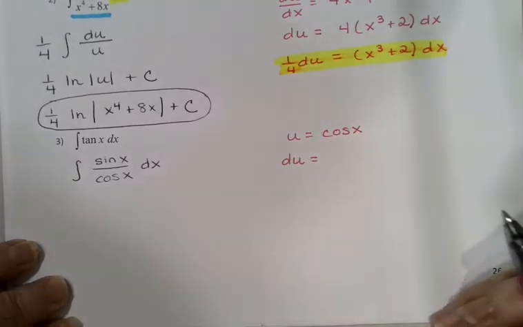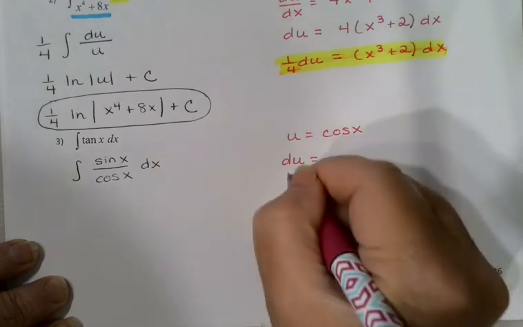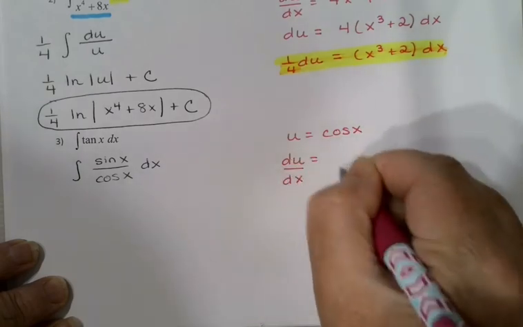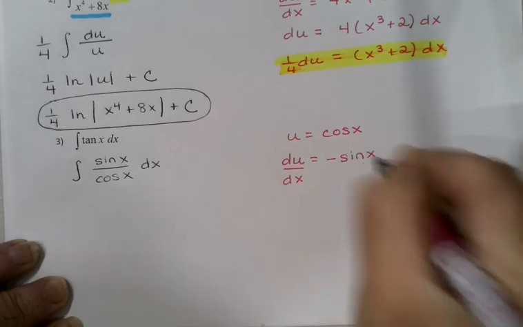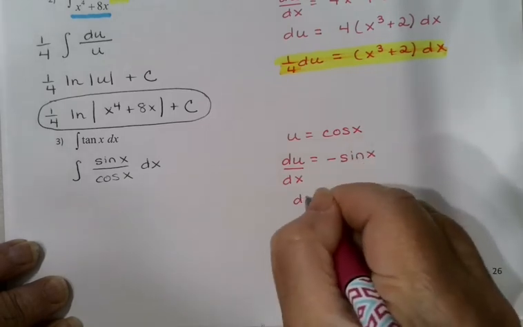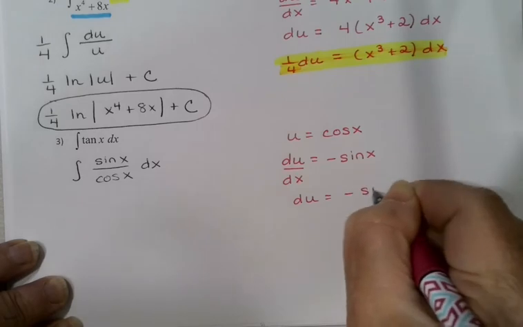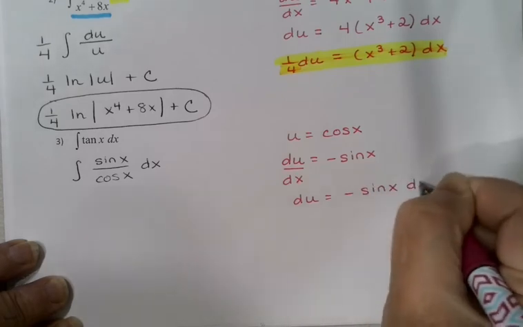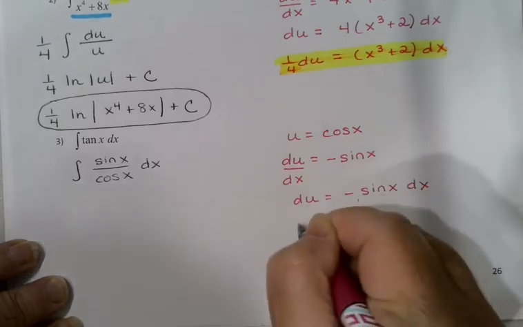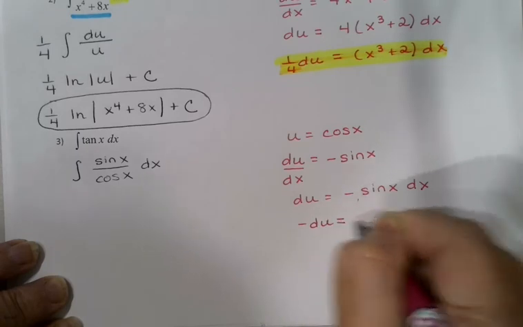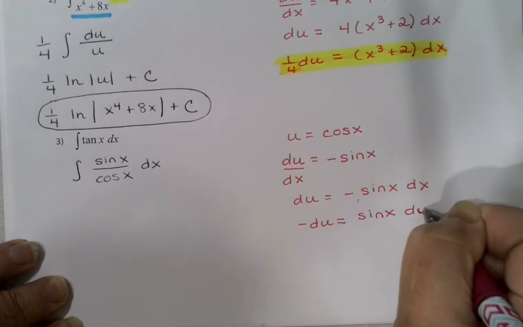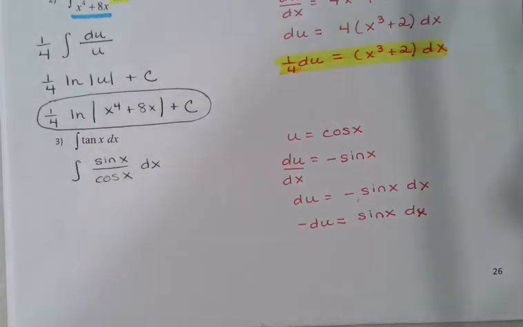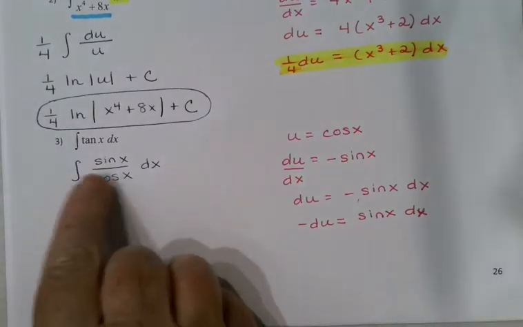That means that du dx would be the derivative of cosine x, negative sine x, and du is negative sine x dx. I can bring the negative over. Minus du is sine x dx.